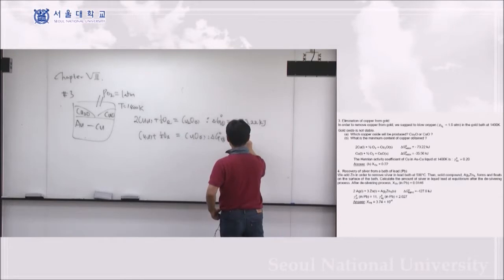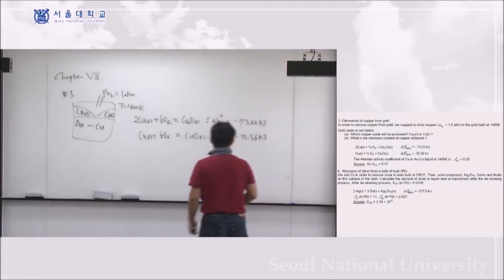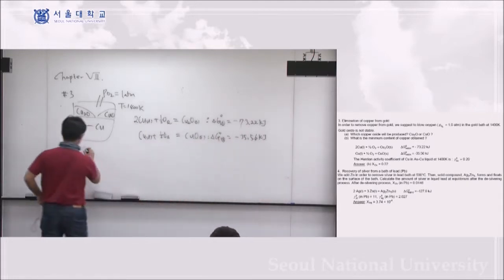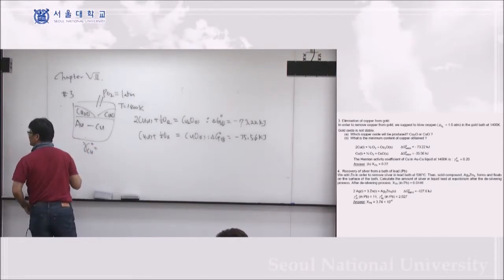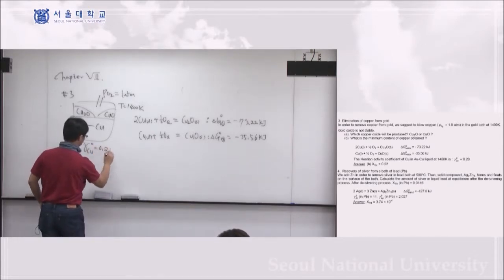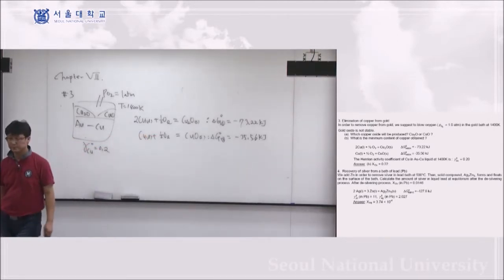Minus 35, 5, 6. And Henry activity coefficient equal to 0.2.